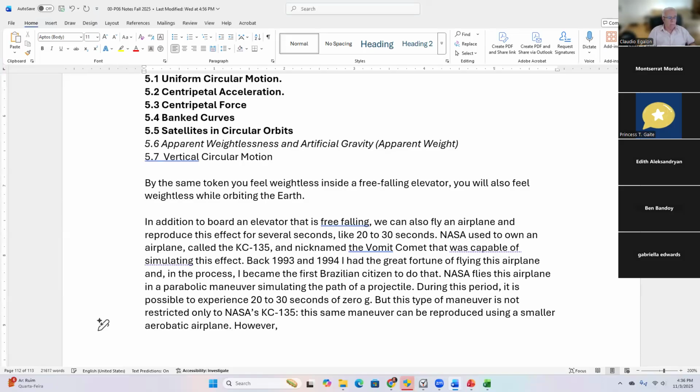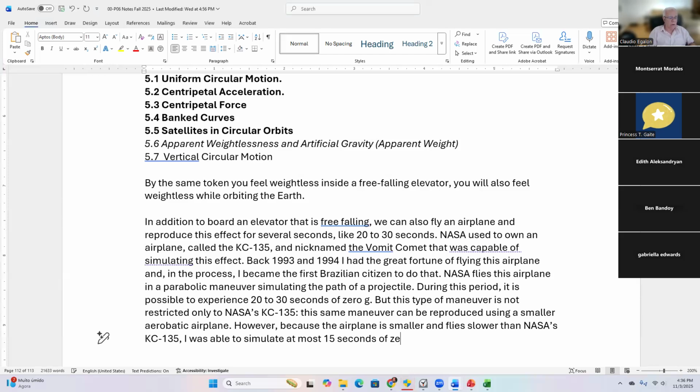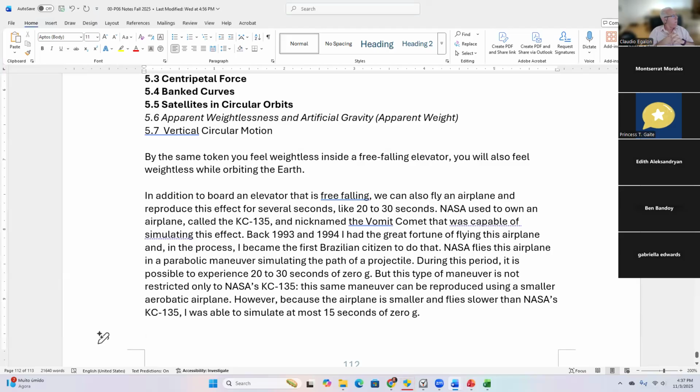However, because the airplane is smaller and flies slower than NASA's KC-135, I was able to simulate at most 15 seconds of 0G, okay? And that has everything to do with the equations that we developed before using Newton's second law, right?